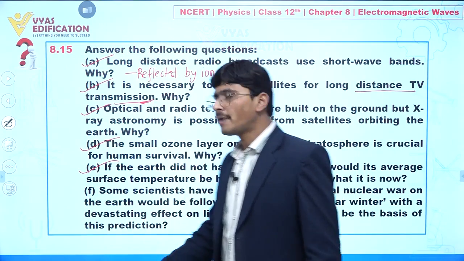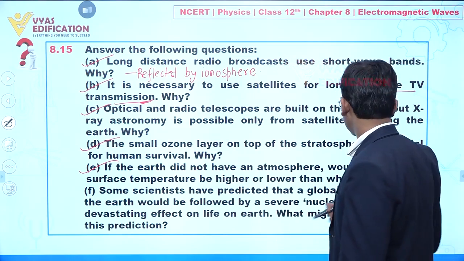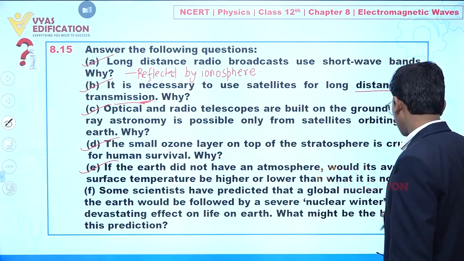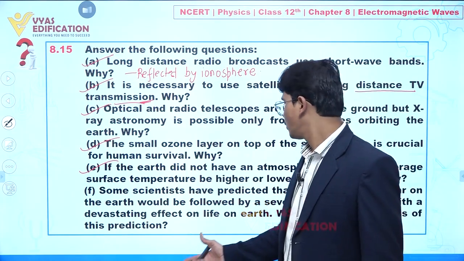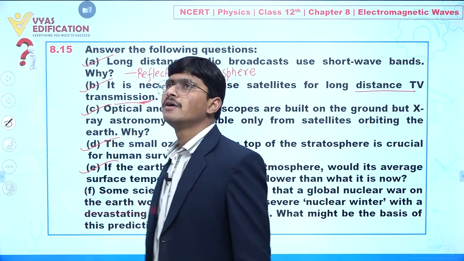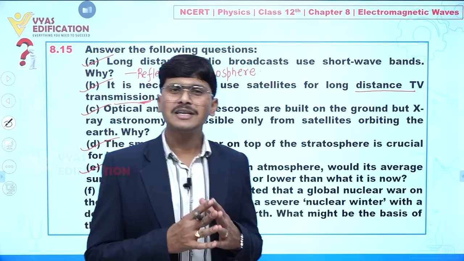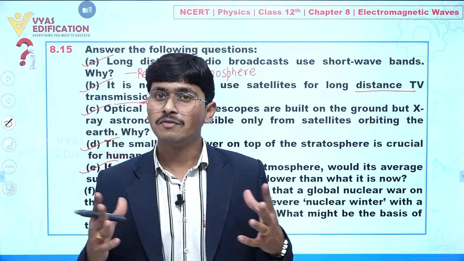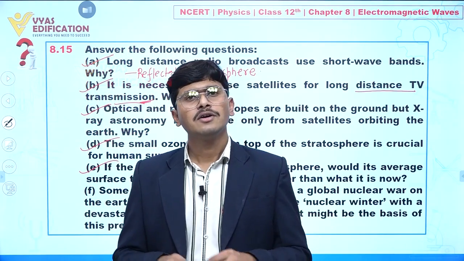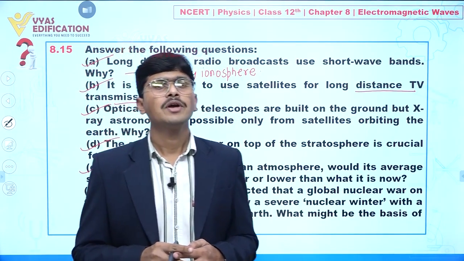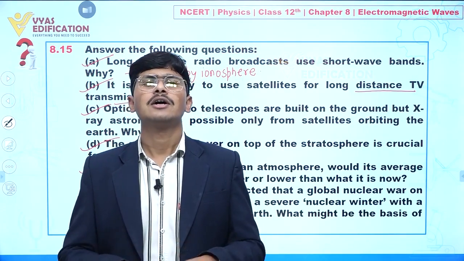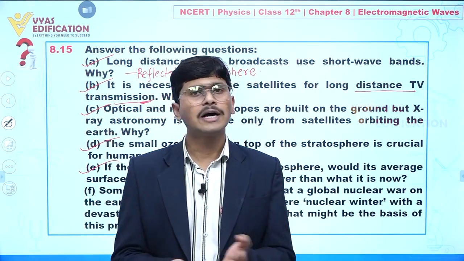Now if I am talking about part F, some scientists have predicted that a global nuclear war on the earth would be followed by a severe nuclear winter with a devastating effect on life on the earth. What might be the basis of this prediction, clear? Let's suppose a nuclear world war happens. Whenever nuclear weapons are used, the clouds formed by all the nuclear particles will completely surround the Earth, clear.